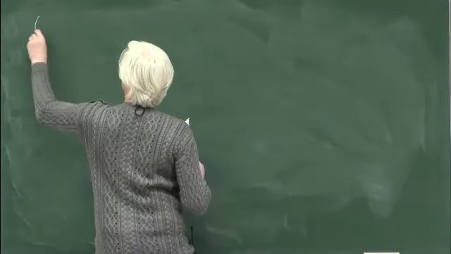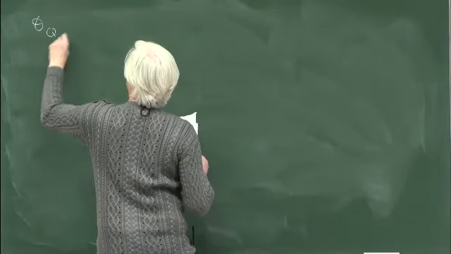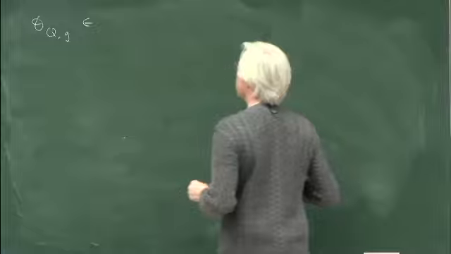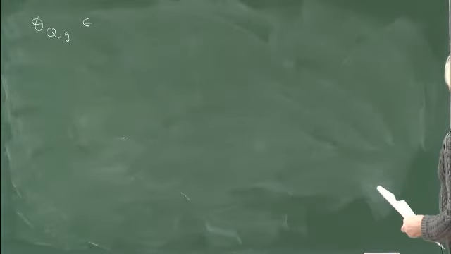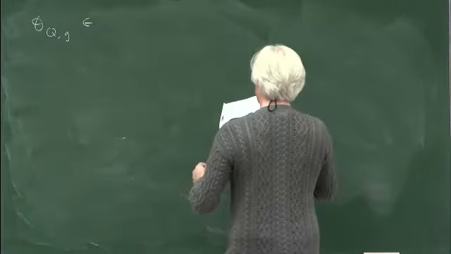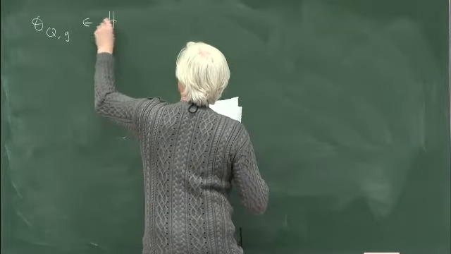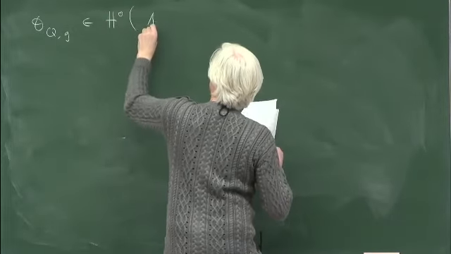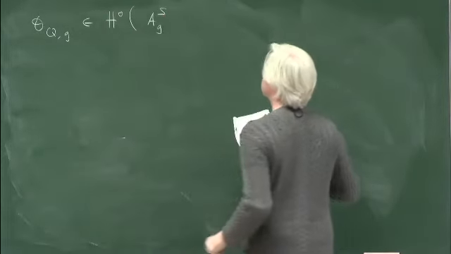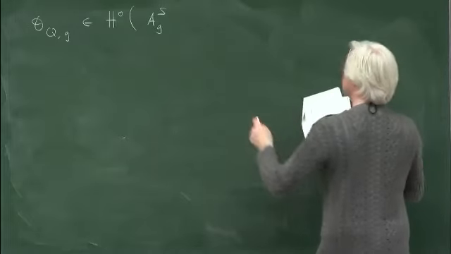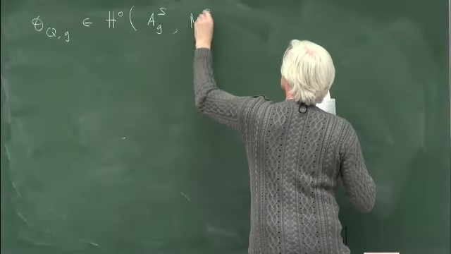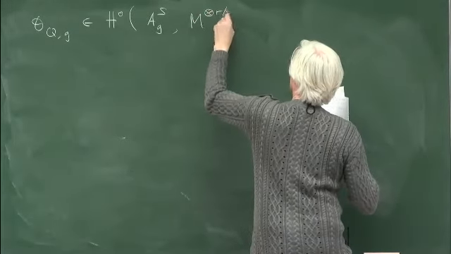So the point about these theta series is that each theta series is actually a scalar valued modular form for the full modular group. But I can think of it then as a section of a line bundle, which is on the Schottky compactification, M to the r over 2.